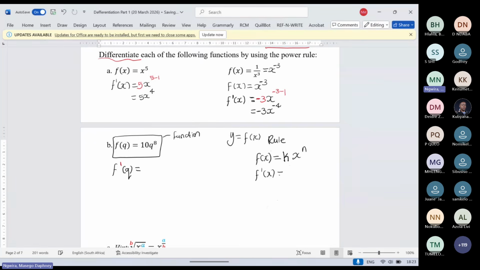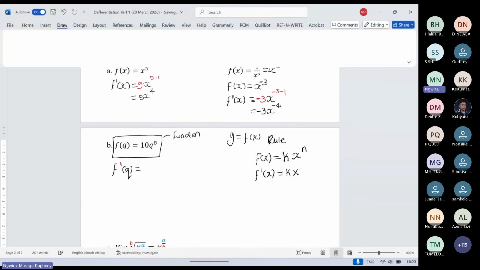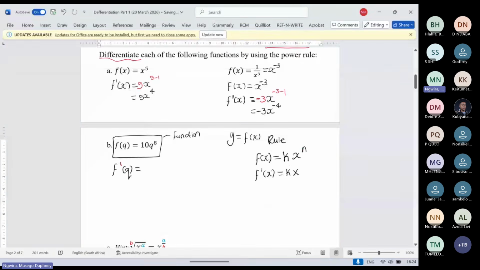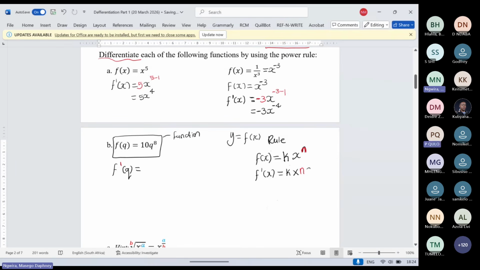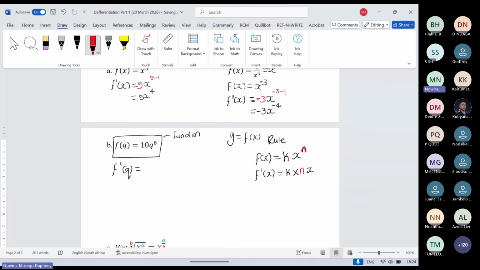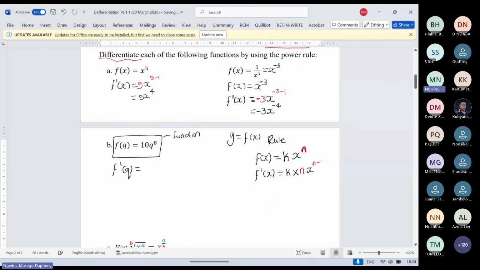Then you take this k, and then you say times. Take the n, write it on the side. So it's going to be n, and then x, and then this will be n minus 1 every time.